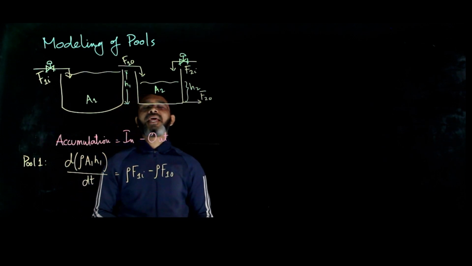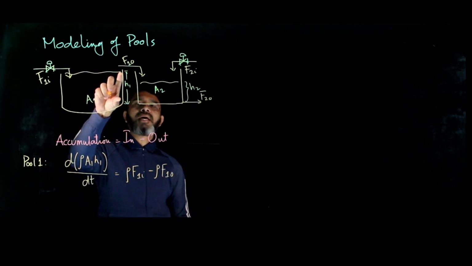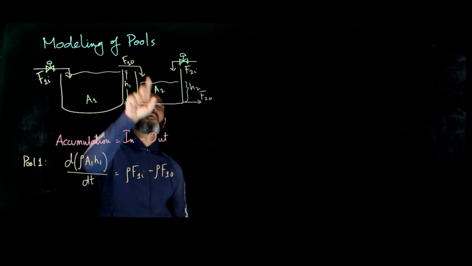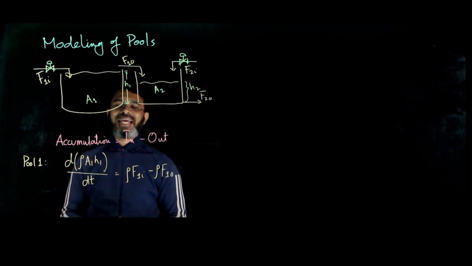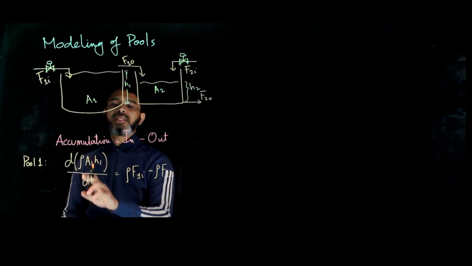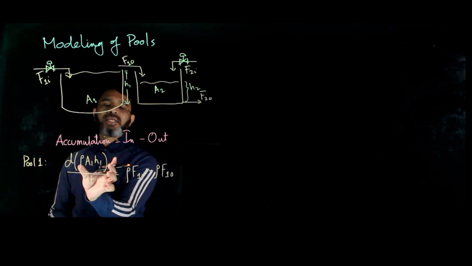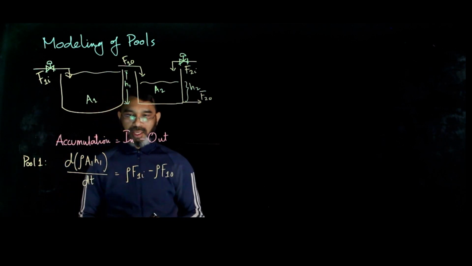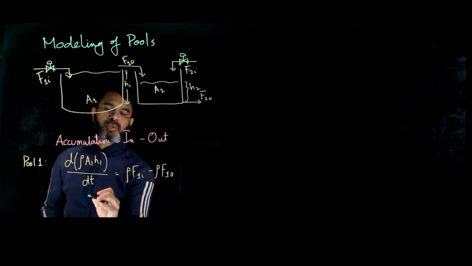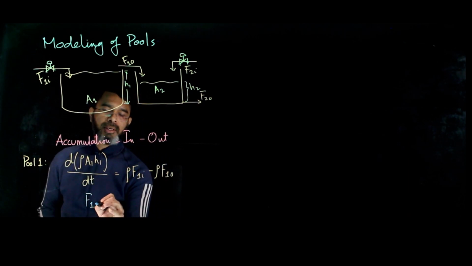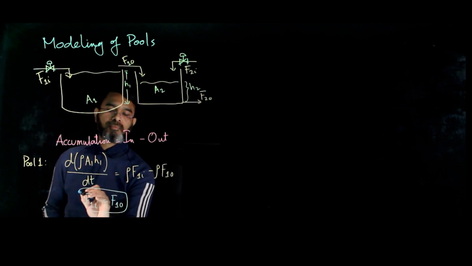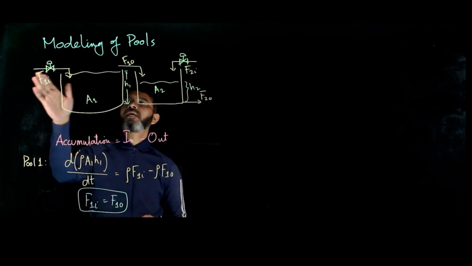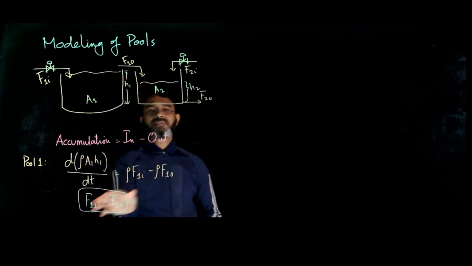Now you see here, for this case, the level of liquid in the pool is constant because the flow is from the top only due to overflow. So the level of liquid in the tank is constant. Also, the area is constant, the density is constant. So this term becomes 0. And this equation really simplifies to F1I equals F1O. Then whatever comes in goes out. So that's for pool 1.